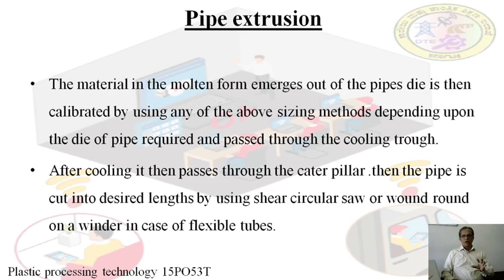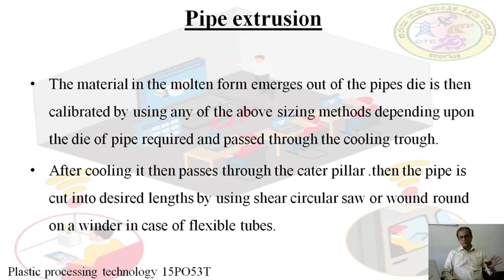The extruder is a common one, which has a screw placed inside the barrel, and band heaters must be there, a feed hopper at one end, and at the other end the pipe die fitted to it with the breaker plate screen arrangement.